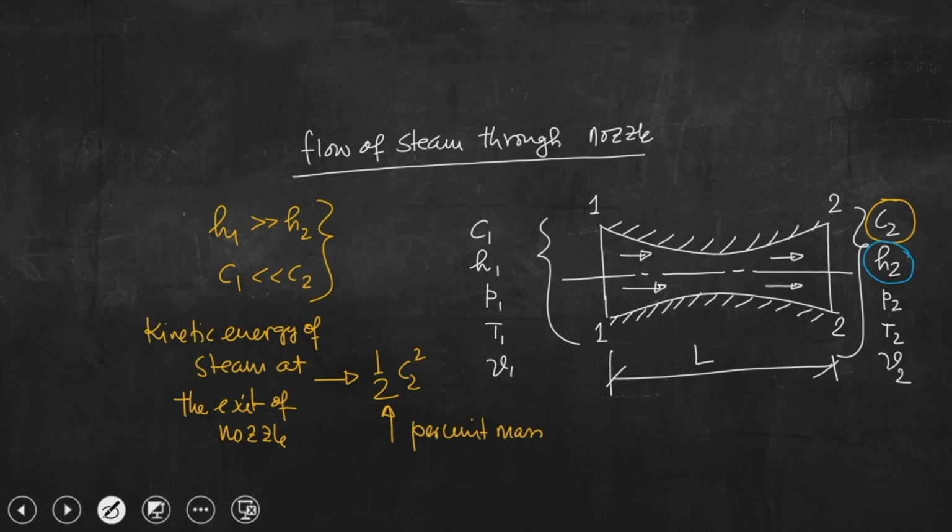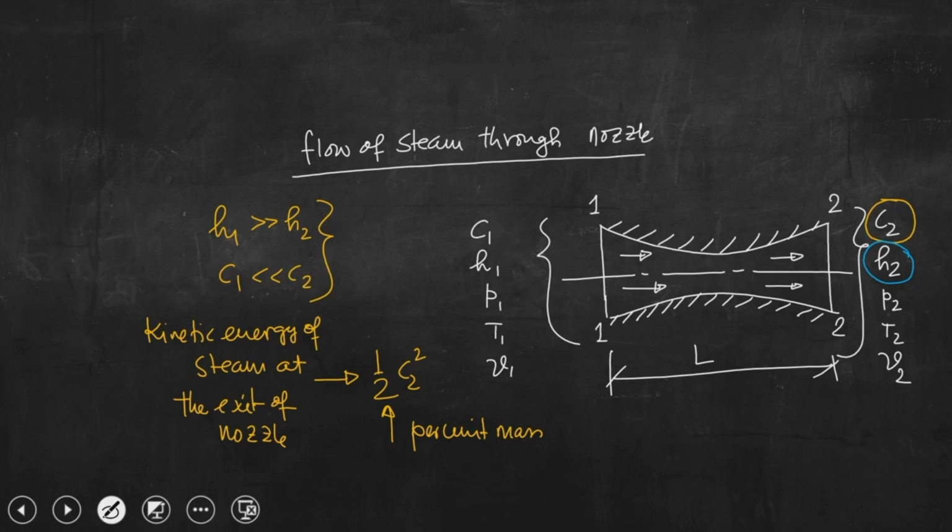If the process is not isentropic, then frictional heating will be there. If that heating is there, then the enthalpy at the exit of the nozzle should not be H2, it should be H2 prime.